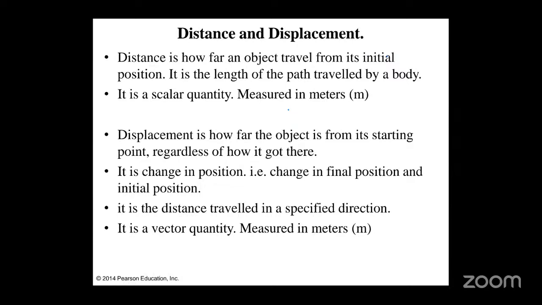Motion is change in position of an object. So when an object changes its position, it means that it will definitely cover a distance. And if it moves in a specific manner, it means that the distance it covers would be specified. And the time it takes to cover the distance, the rate at which it moves, all these are part of what we are going to study alongside motion.